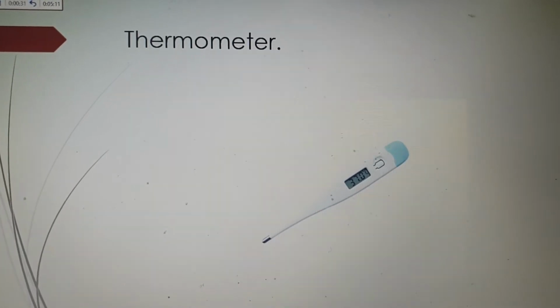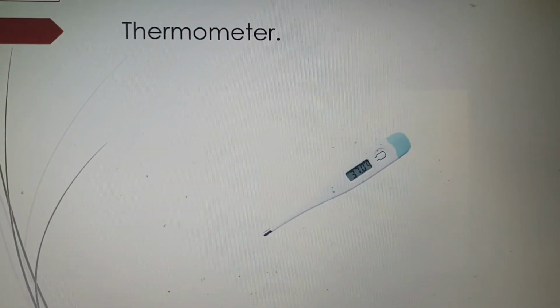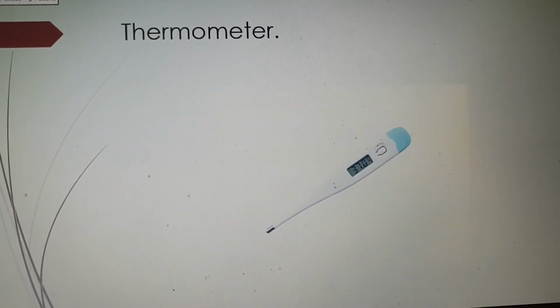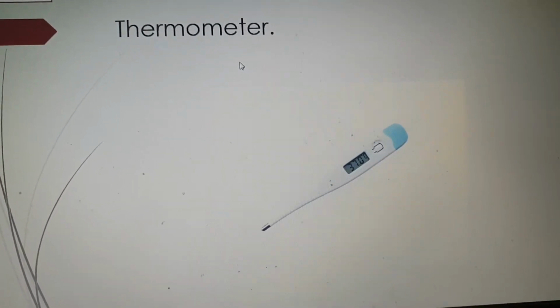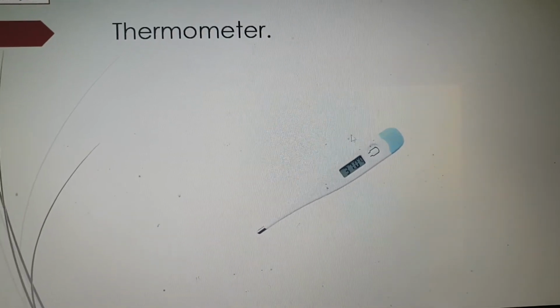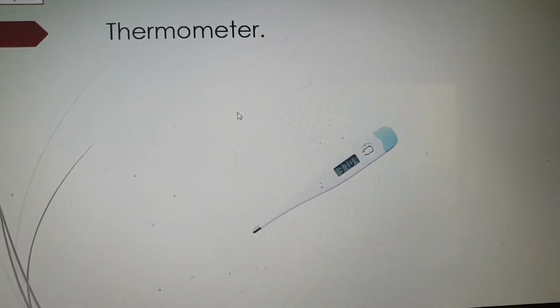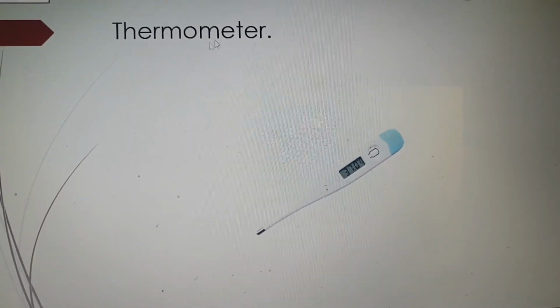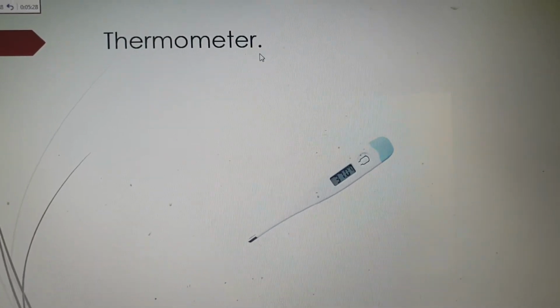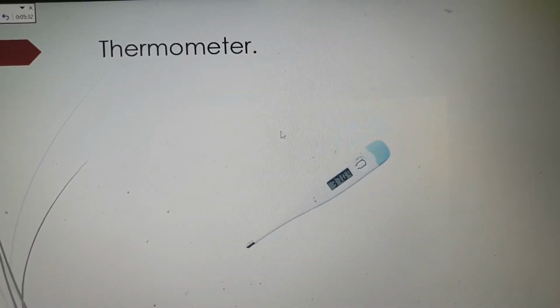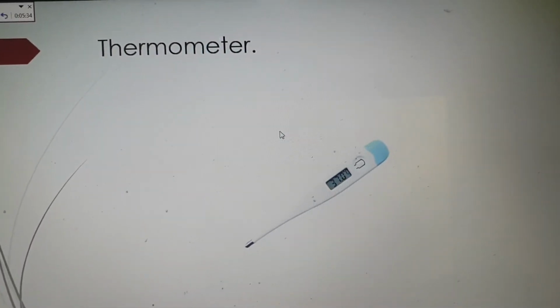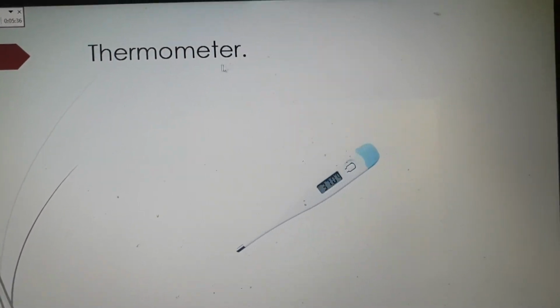Yes. Most times they put this in your ears, right? Yes. So this is called a thermometer. Now a doctor uses a thermometer to check the temperature of his patient. Don't forget, this is called a thermometer.